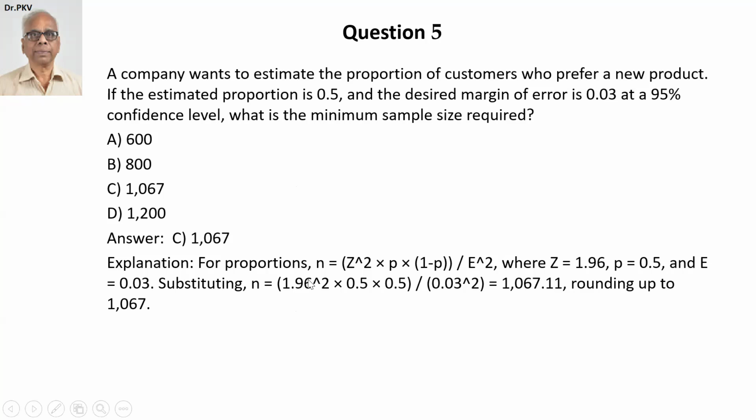And therefore, upon substitution, 1.96 whole squared into 0.5 into 0.5 divided by 0.03 whole squared, it is equal to, to 2 decimal places, 1067.11. I round it to the integer 1067. 1067 is the right choice, and therefore the answer is 1067. Choice C is the correct answer.